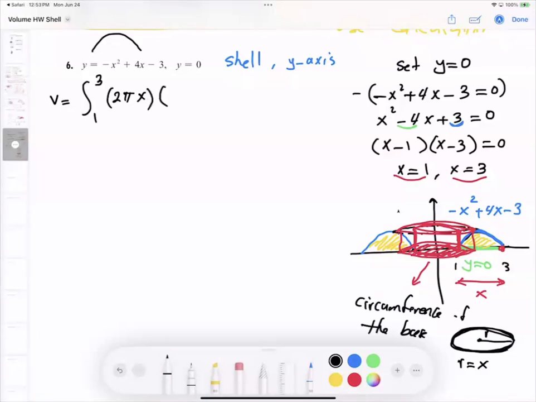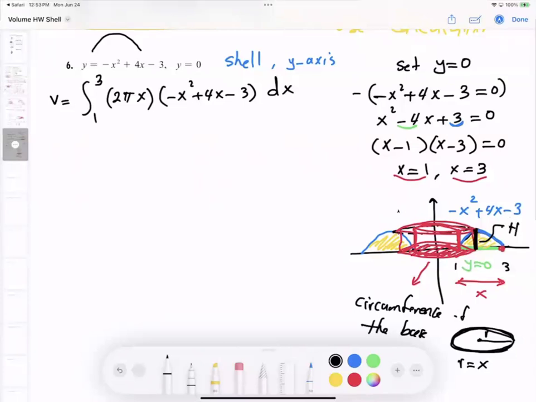The height is also crystal clear. The height, h, is between the maximum y value, which is negative x squared plus 4x minus 3, and the 0. Negative x squared plus 4x minus 3. Then you take the integral with respect to x.